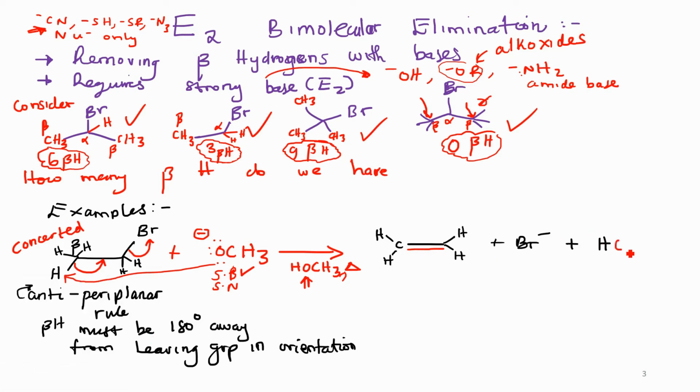I'm a visual learner. I think you are also a visual learner, so I'm using color codes as much as I can. So you made a double bond with the red. The methoxide accepted the beta hydrogen. So now it's the methoxy, OCH3 minus, or someone would call it methoxide because it's a base. It grabbed the beta hydrogen, and then you use the bond that was bonded to the hydrogen to make a pi bond.